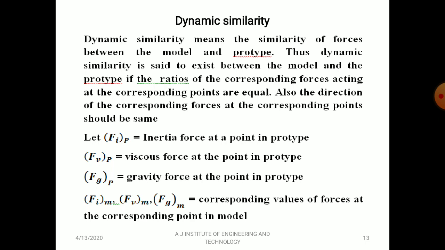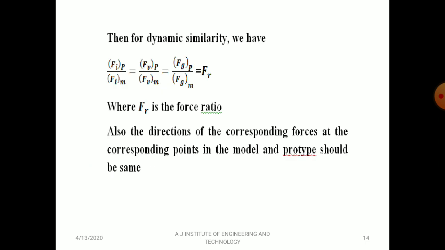This is the condition for dynamic similarity. Force is considered, which is again a vector quantity, so the force direction should be the same or parallel. Then for dynamic similarity we have FIP divided by FIM, the inertia force at a point in the prototype to the inertia force at a point in the model, should be equal to the viscous force in prototype to viscous force in model, which is equal to the gravity force in prototype to gravity force in model, and this should be equal to FR.